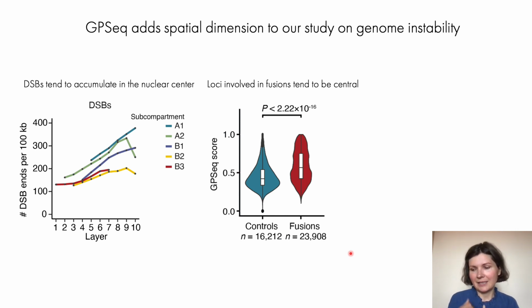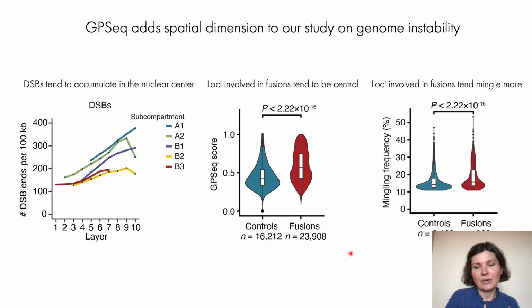We hypothesized that such regions would be engaged much more in interchromosomal mingling, and so we asked exactly that, and we could indeed see from our ChromFlock structures that beads which carry genes engaged in gene fusions are much more frequently engaged in interchromosomal mingling events. All of this basically points to certain mechanistic details behind chromosomal translocation formation, for instance.